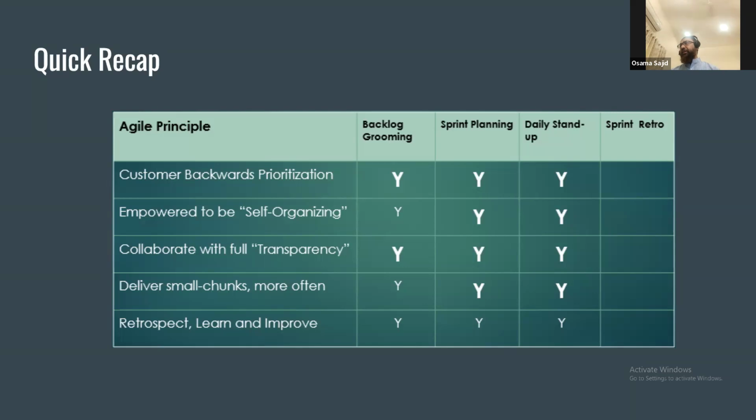So that is why in sprint planning we retrospect. In daily stand up, you are learning every day and then planning, working out the details. But Scrum, specifically to live up to this principle, retrospect, learn, and improve, has a very specific ceremony for it.